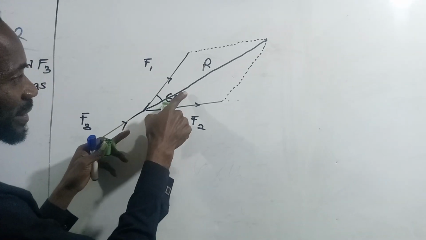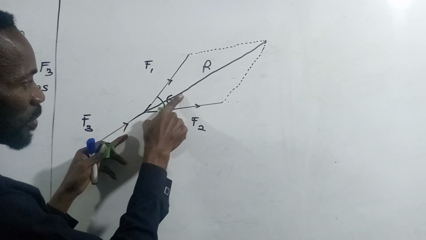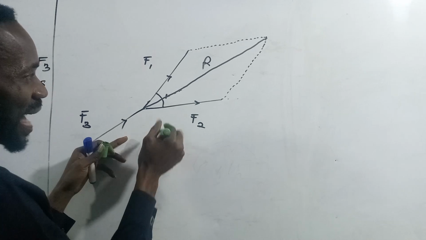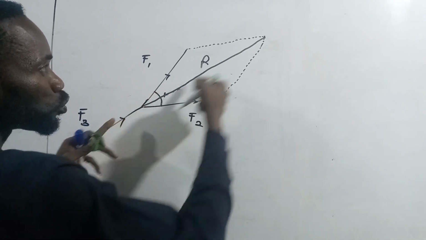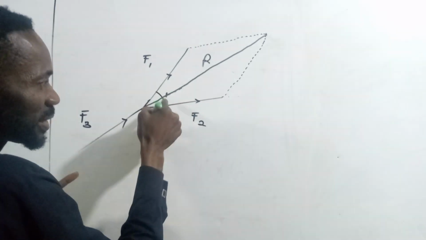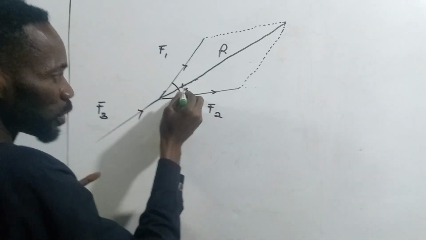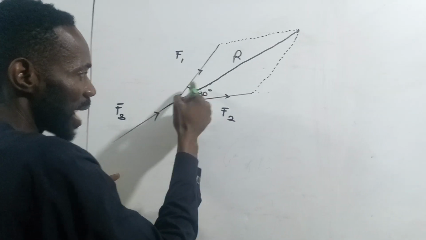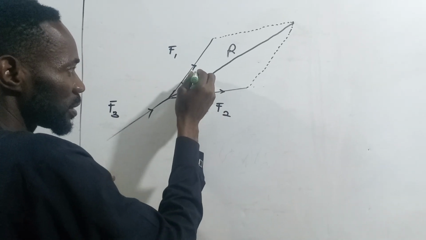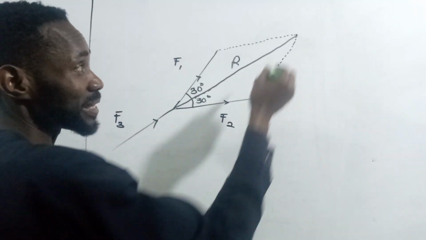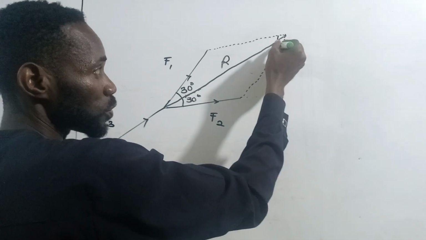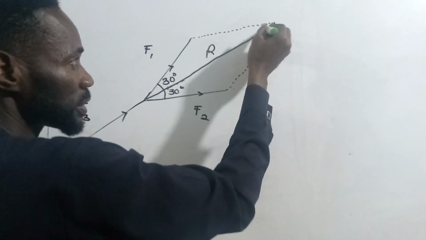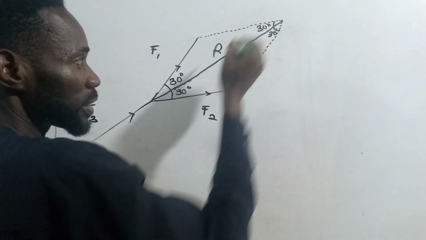Remember, the angle between them is 60 degrees, and it is divided into two equal parts. It means that this angle at this point will be 30 degrees, and this point will have 30 degrees. The same thing is applicable here, so this angle here will be 30 degrees, and this also 30 degrees.